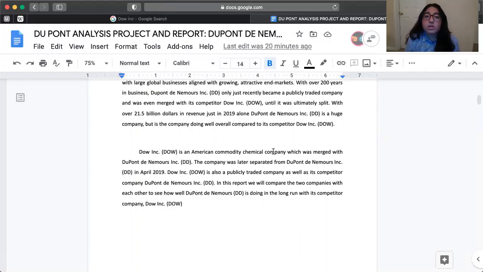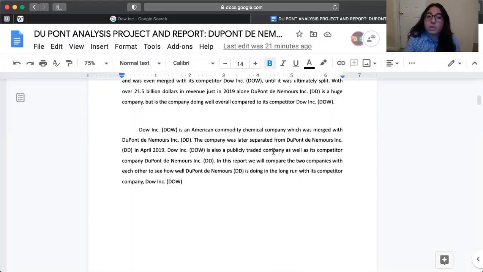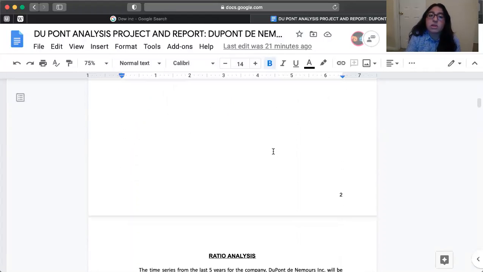Dow Incorporated is also a publicly traded company as well as its competitor company, which is DuPont de Nemours. In this report, we will compare the two companies with each other to see how well DuPont de Nemours is doing in the long run with its competitor company, Dow Incorporated.